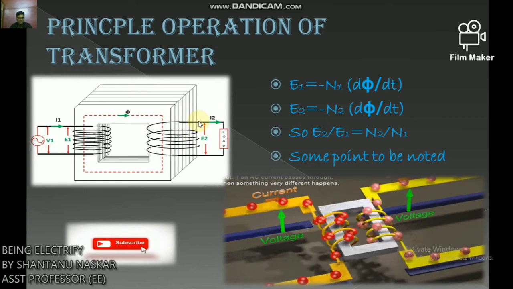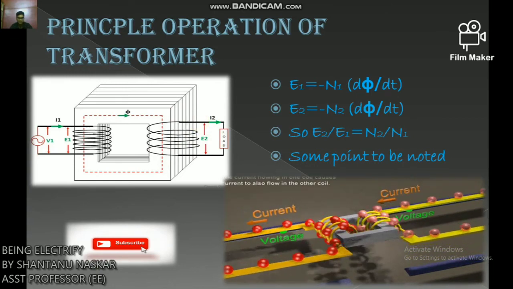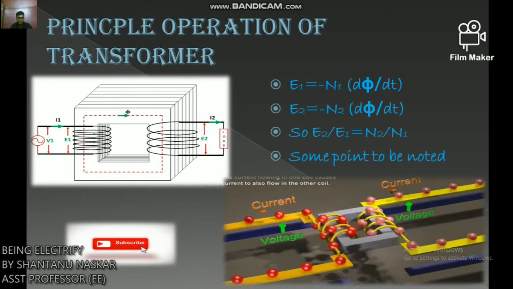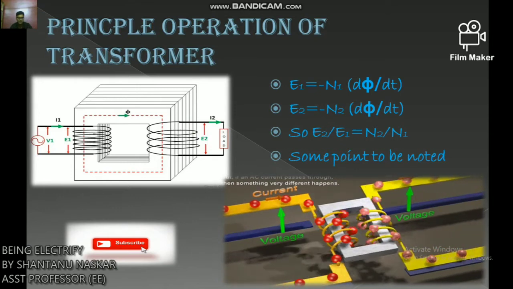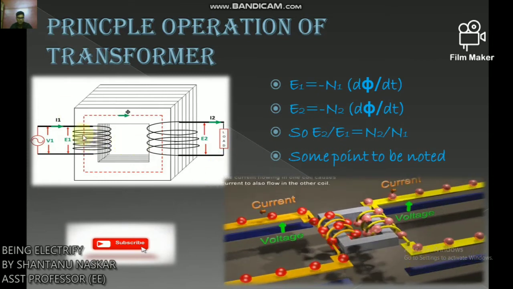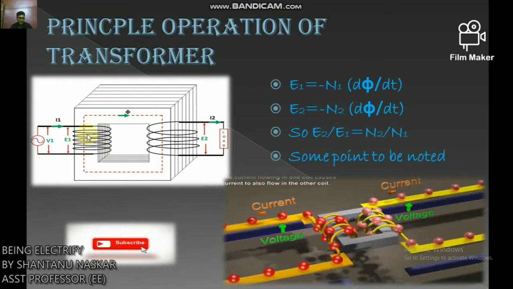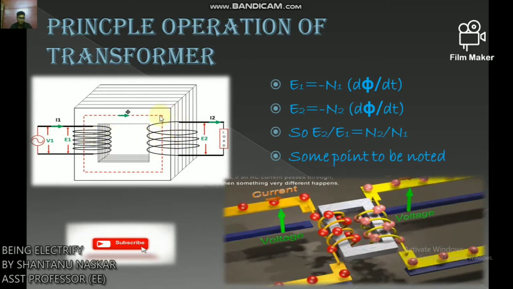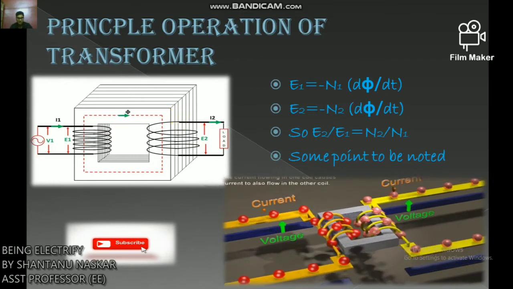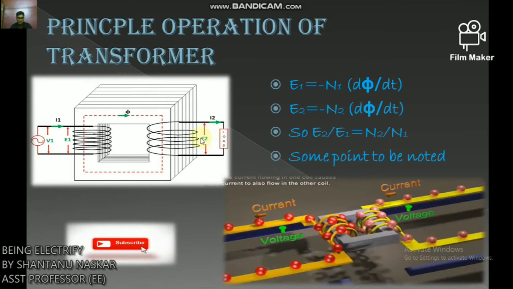The alternating voltage V1, whose magnitude is to be changed, is applied to the primary, which has N1 turns, called the primary turns, and the secondary has N2 turns. An alternating EMF E2 is induced in the secondary.